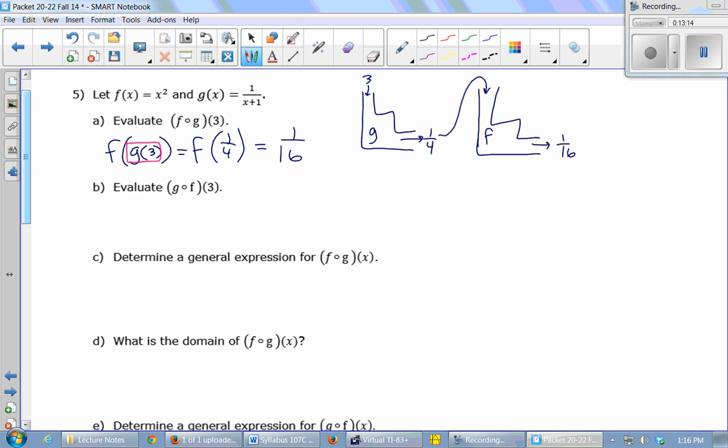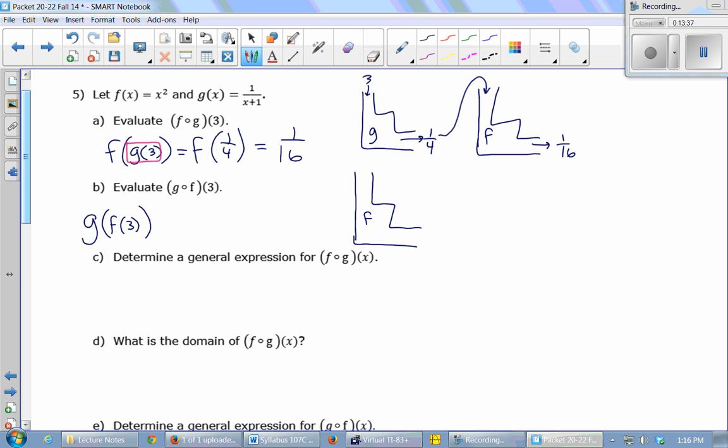All right, so let's think about G composed with F of 3. This means G of F of 3. We're reversing the order of the machines here. The first machine is F, and the second machine is G. So I'll draw a little picture.